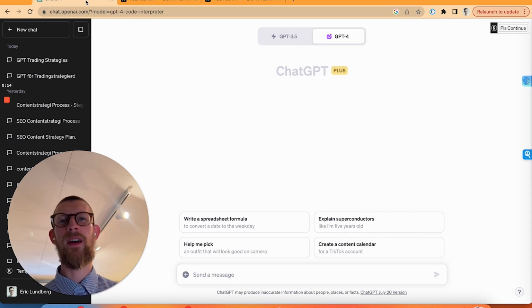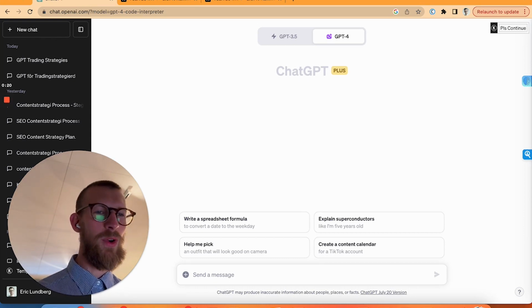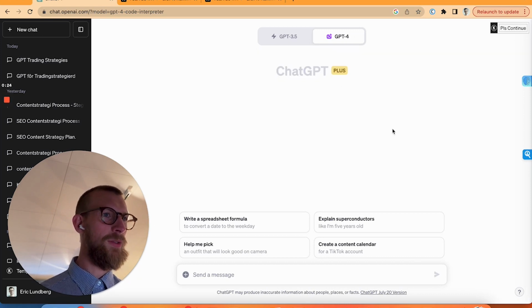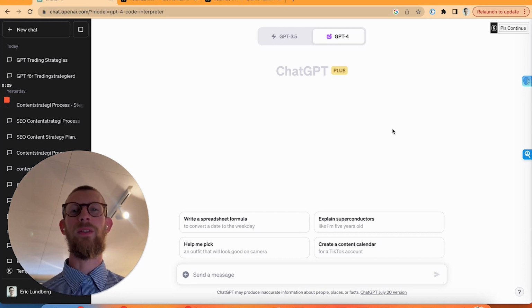I haven't tried this out yet, but that's why I'm doing it here with you live to see if it works. And the thing we're going to do is use Code Interpreter to iterate on a strategy.